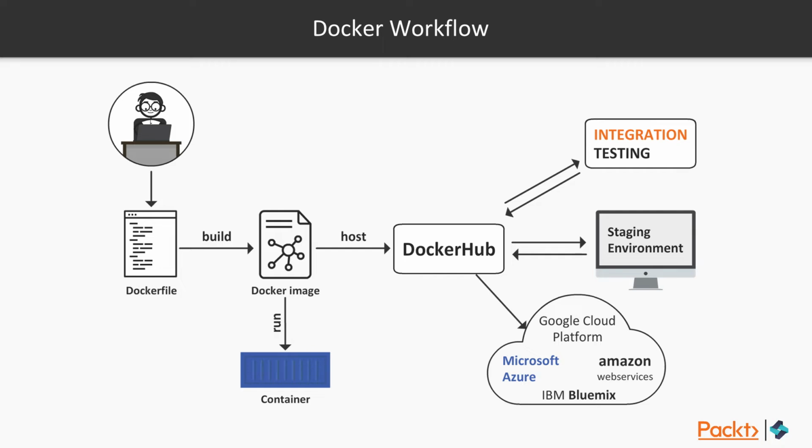Now once your image is pushed on Docker Hub, it can be pulled by the integration testing environment, the staging environment, the production environment, the development environment, anywhere. So it just becomes easy: once an image is created and pushed onto Docker Hub, in any environment you want to run the application, it can be pulled from Docker Hub.